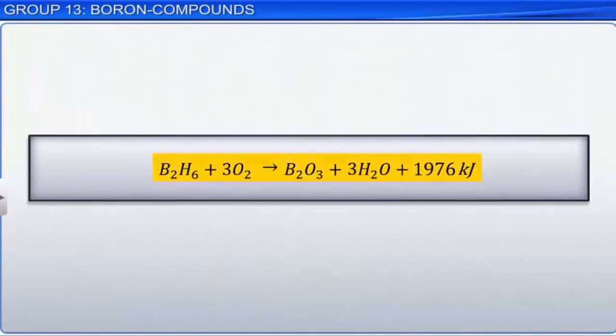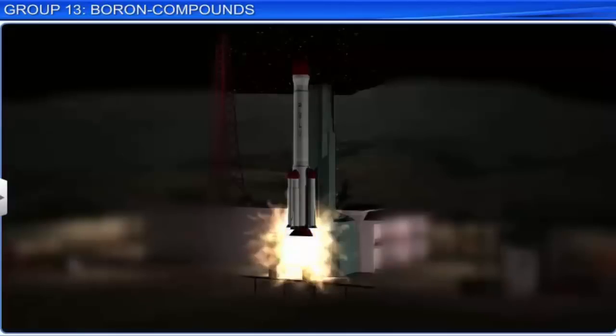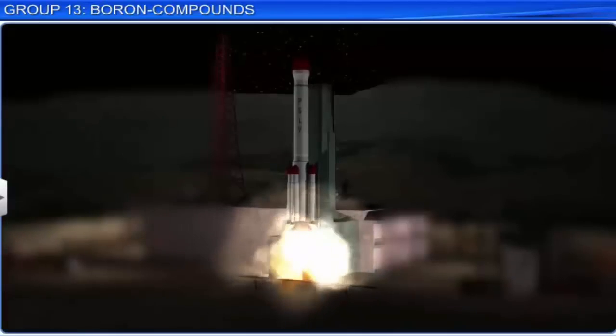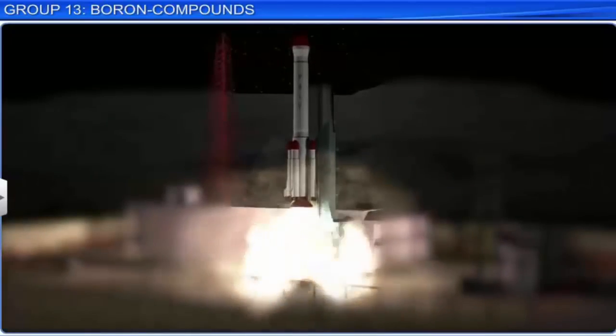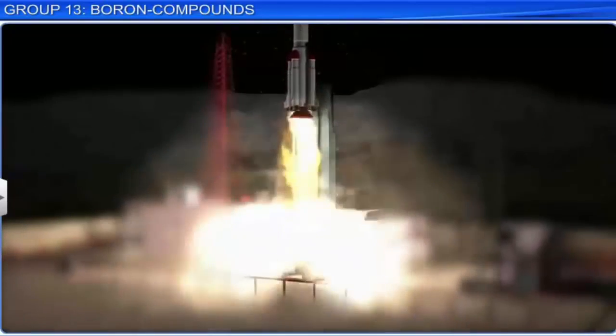The reaction of diborane and oxygen is extremely exothermic, releasing 1976 kilojoules of energy for each mole of diborane. Boranes were once considered for use as solid fuels for rockets because of their exothermic reaction with oxygen.